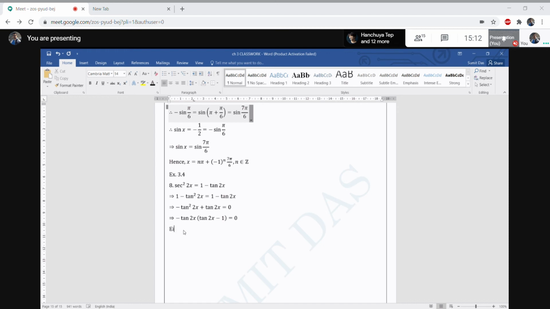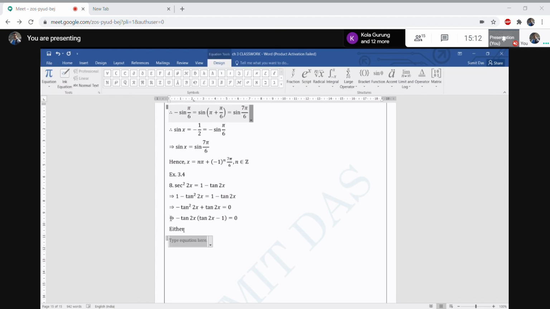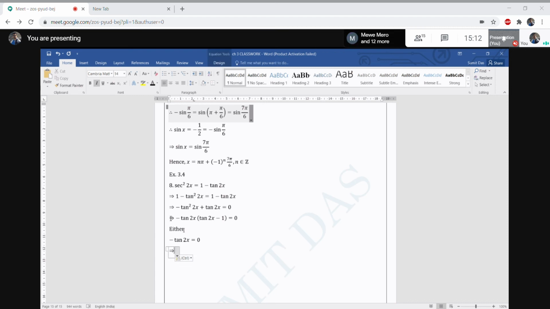So either tan 2x equal to 0, which implies tan 2x equal to 0. Okay, tan which value is 0? Tan 0 is 0, right?